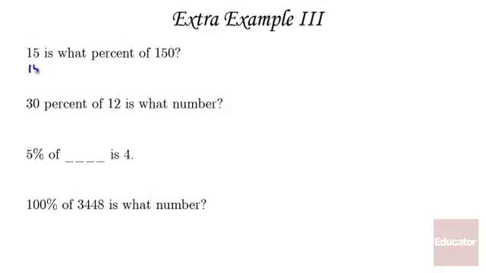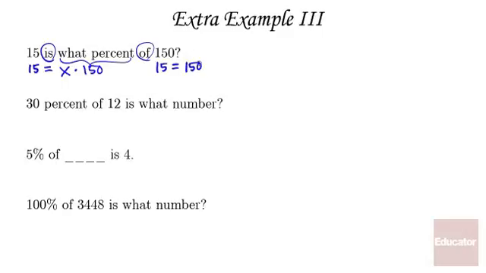15 equals what percent x times 150. So let me rewrite this equation out. Since this is 150 times x, let me just write it here. So 15 equals, remember whenever I do a variable times a number, I want to write it together, but with the number in front.